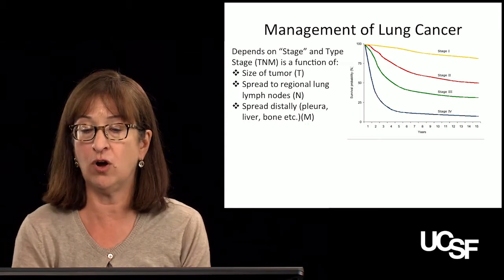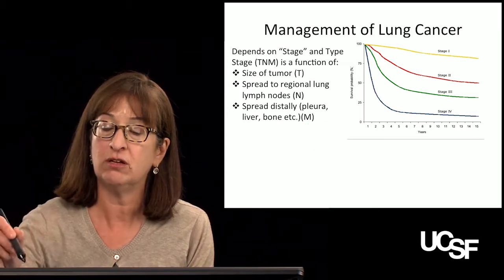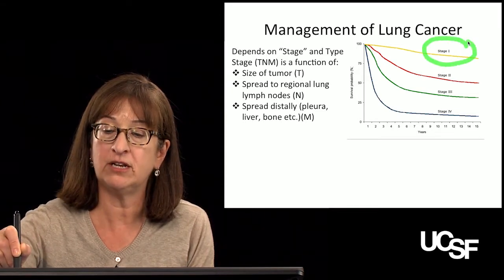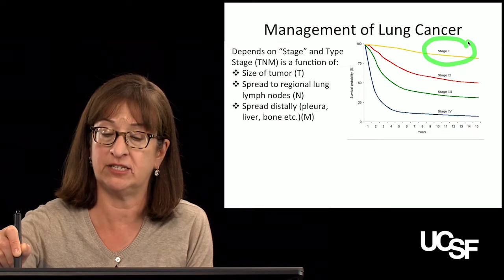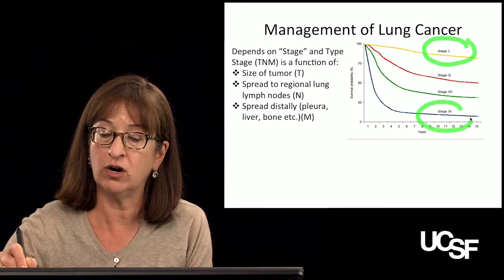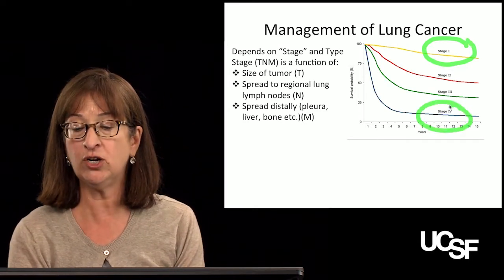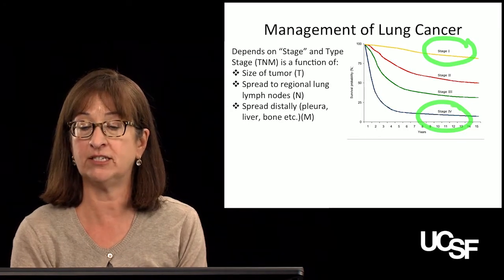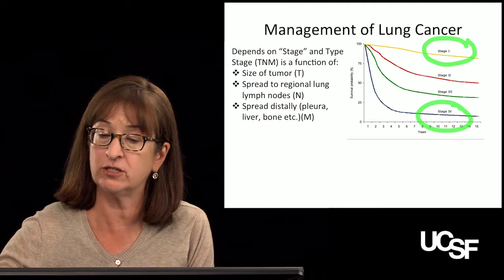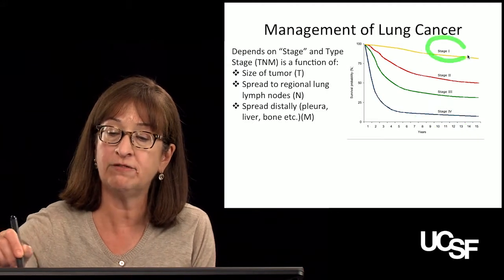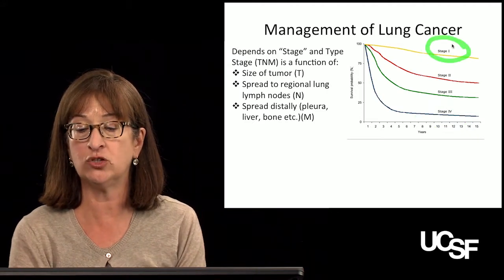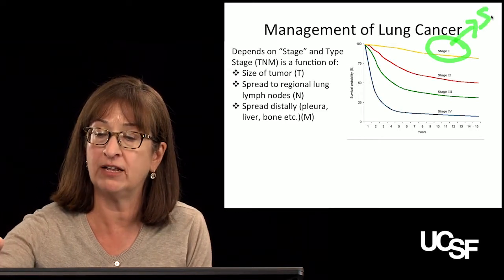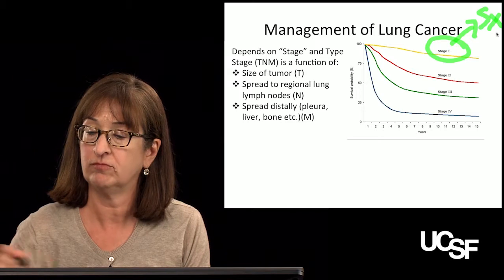So that's the T, N, and M stage. Now, we won't go into all the different stages of lung cancer, but stage 1 is one that's small and doesn't have any distant metastases. And stage 4 is a tumor that may be much bigger or involve the pleura or has distant metastases. And you can see there's a significant difference in survival. We would like to find patients with stage 1 so that we can surgically cure them, and surgery is the primary modality for that stage.